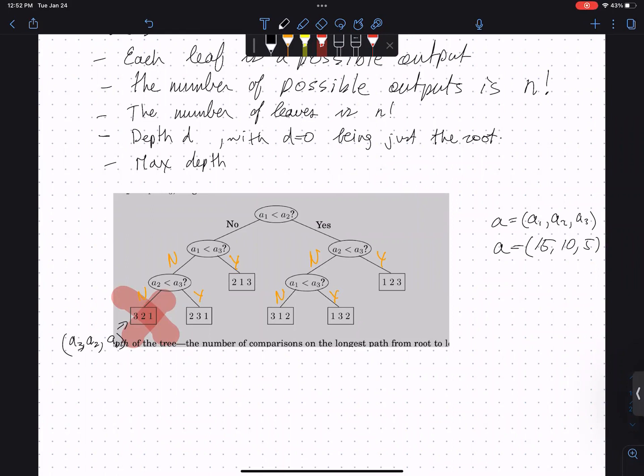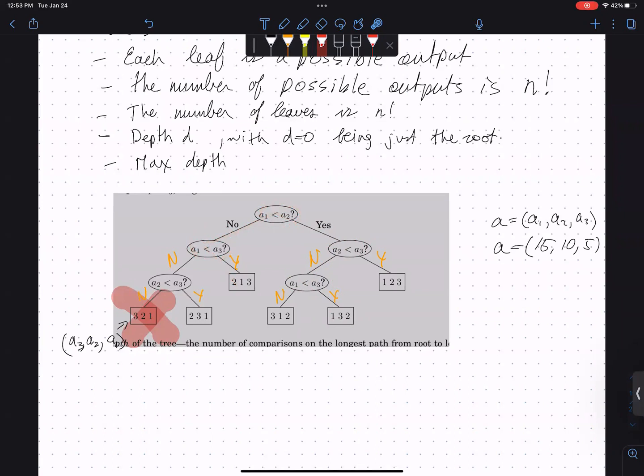max depth in this tree has a very special meaning. The number of comparisons that you make on one of these trips down is the depth that you traverse. Here you do 1 comparison, 2, 3, 4 comparisons. If you go down this route, then you do only 1, 2 comparisons.